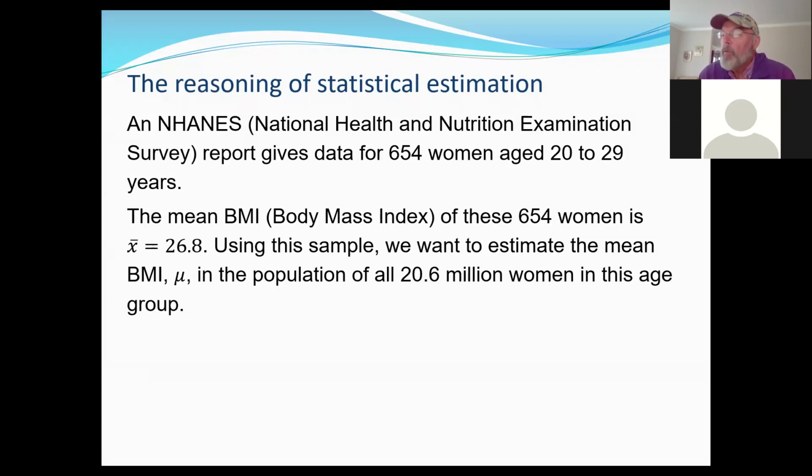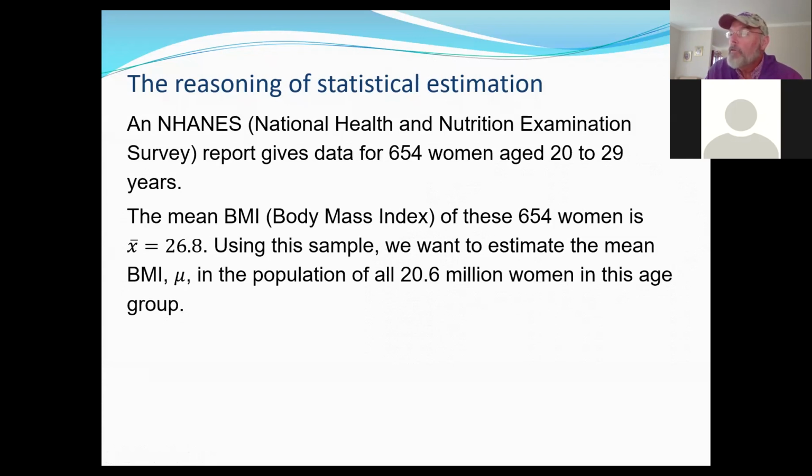With this sample, we got a sample mean of 26.8, and that is a pretty large sample, especially coming out of a population that was 20.6 million people in the same age group.